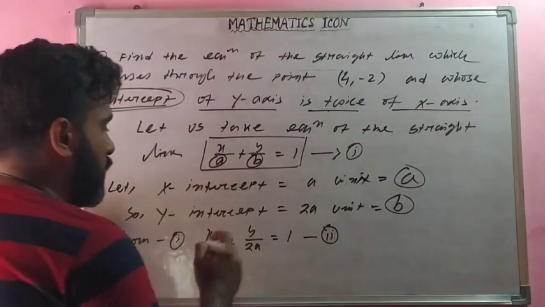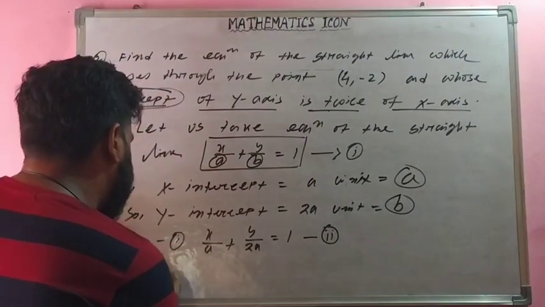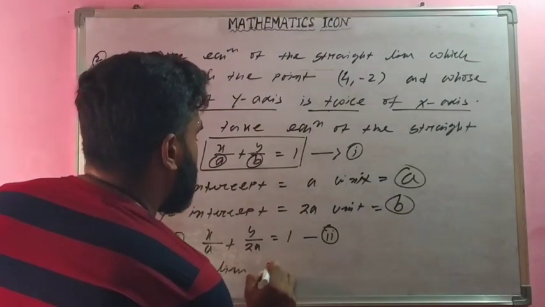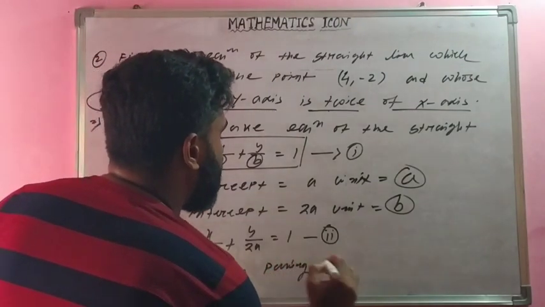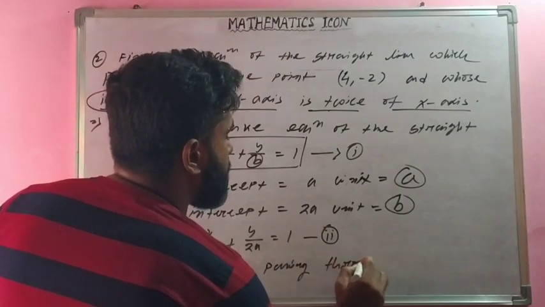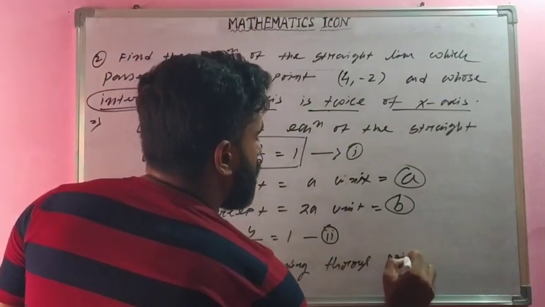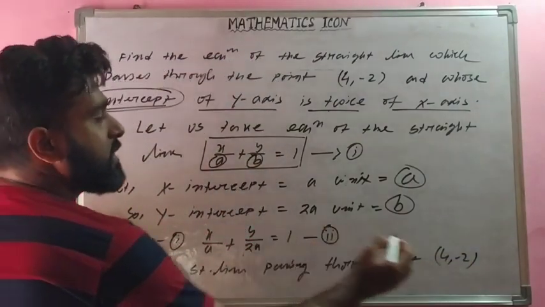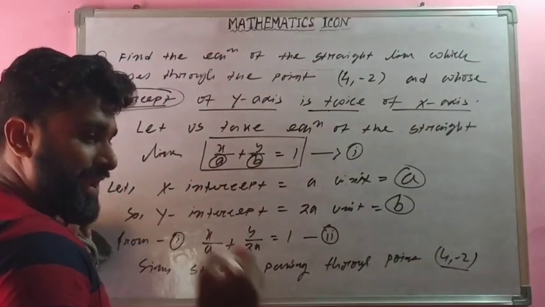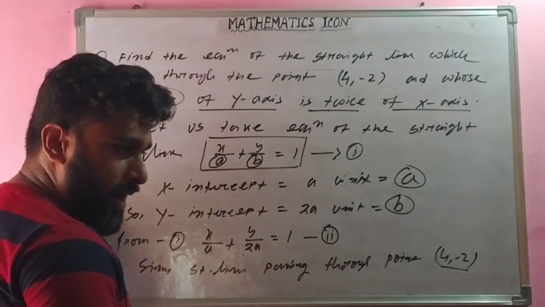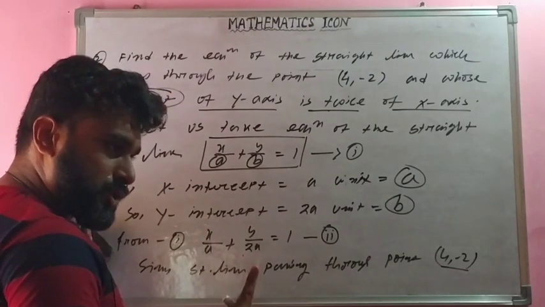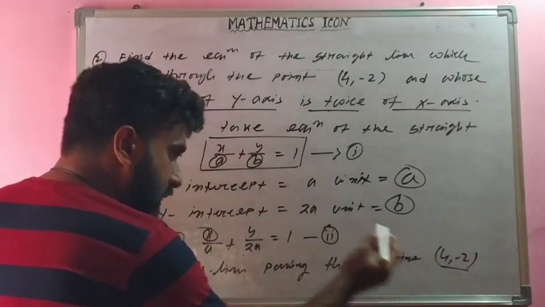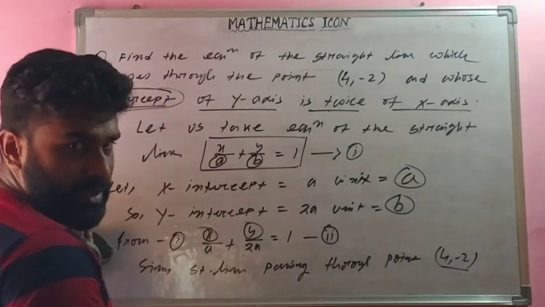Just see, since the straight line, the required line, passes through the point 4, -2. That is, this line passes through this point. So if any line passes through a particular point, then the x coordinate can be used in place of x and the y coordinate in place of y. That is the main thing.